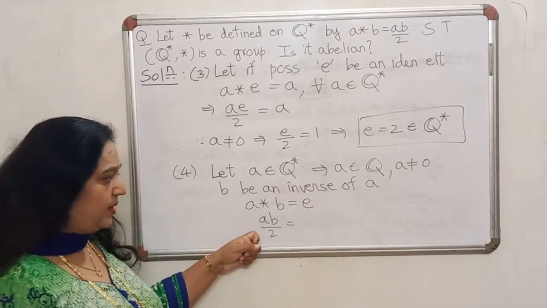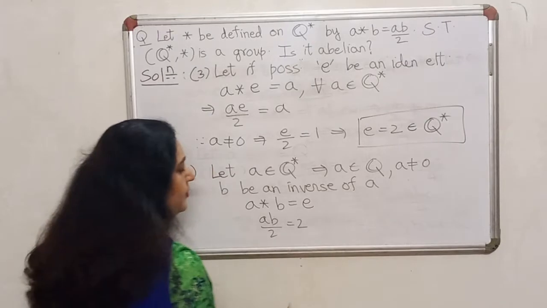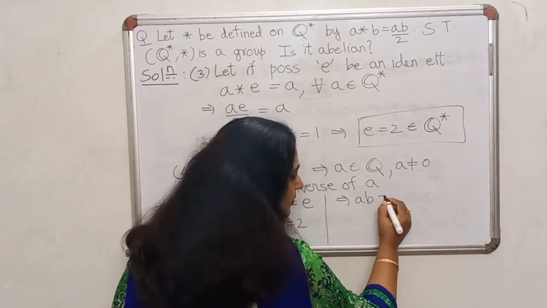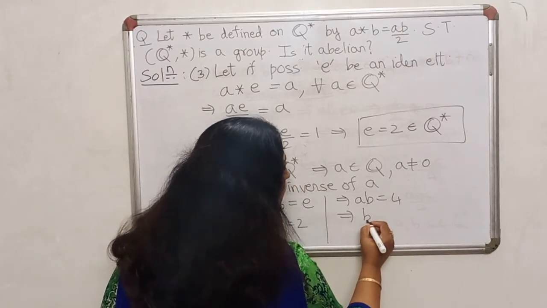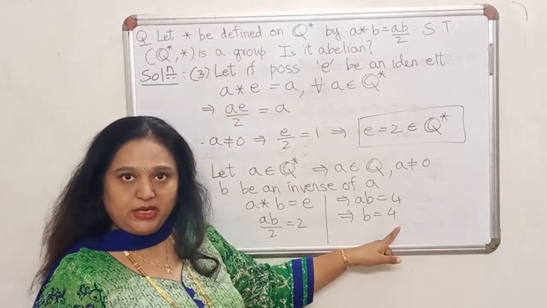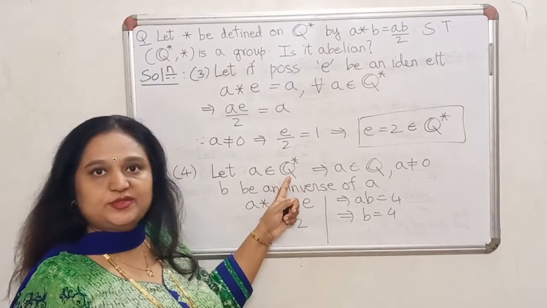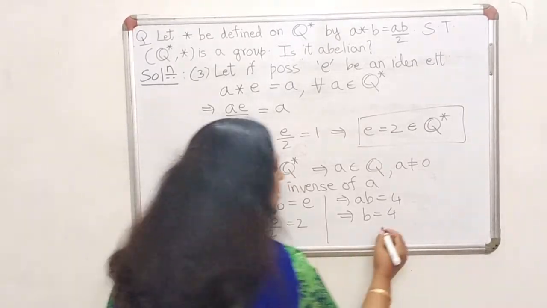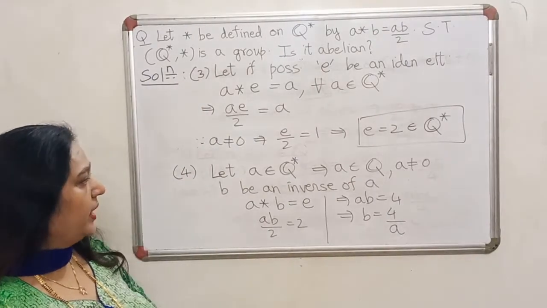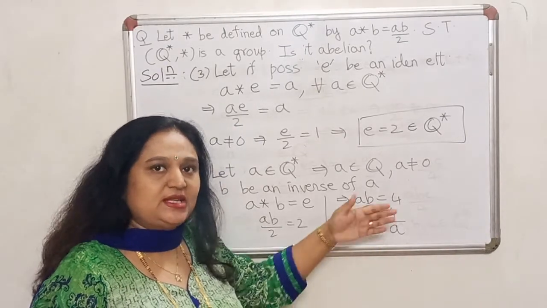Remember in the previous step, we proved that identity is 2, which means that A into B is 4, or B is equal to 4 upon, wait a minute, before you put A in the denominator, make sure A is not equal to 0. But again, I know A is from this set, so there is no way A can be equal to 0. So it's safe to write A in the denominator, and therefore for an element A, this would be the inverse. We are just one step away now.